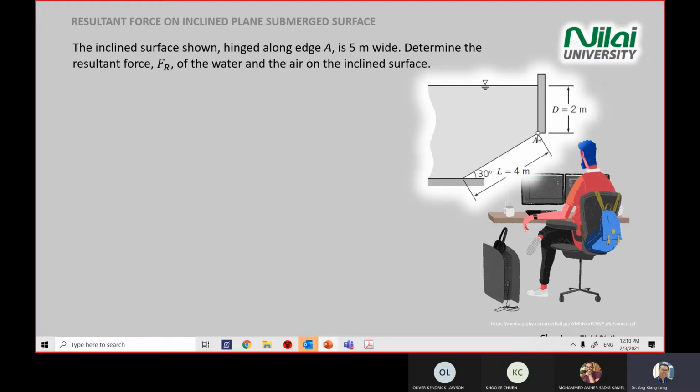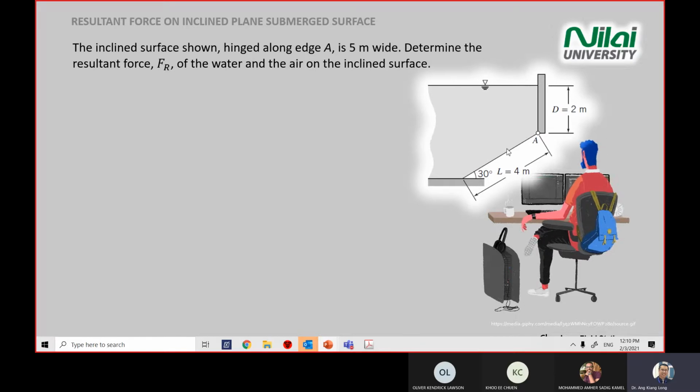This surface has a length of 4 meters and the angle is 30 degrees. Point A here is a hinge, meaning the plate can move. The height of the water from the surface to point A is 2 meters.